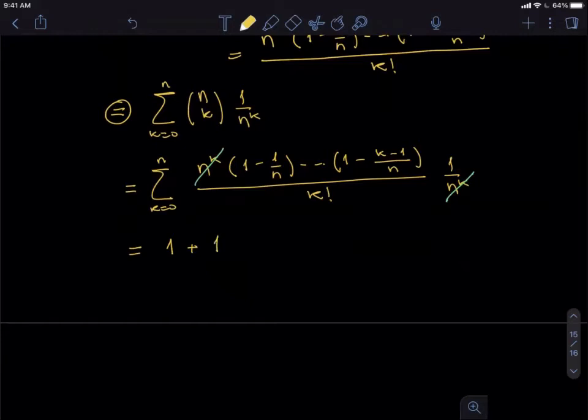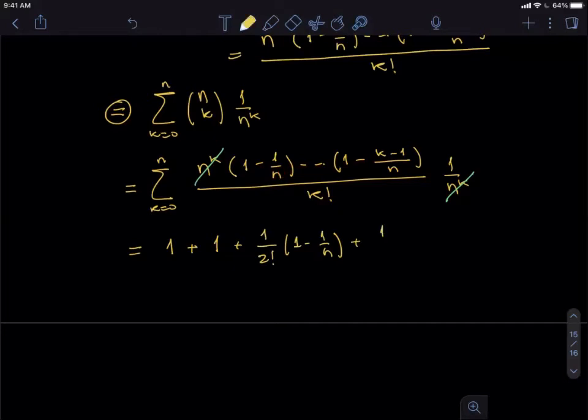So that makes still 1. k equals 2 gives 1 over 2 factorial, 1 minus 1 over n. There we go. So here in all this product, I will have only one term when k equals 2.